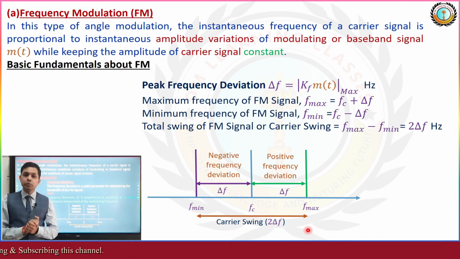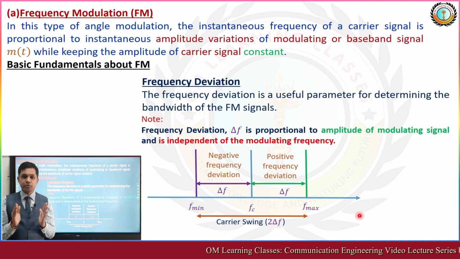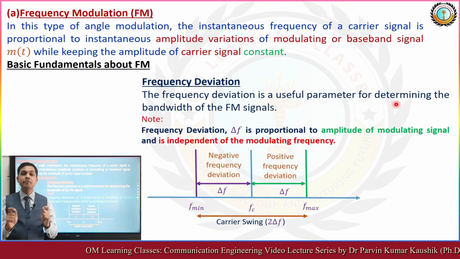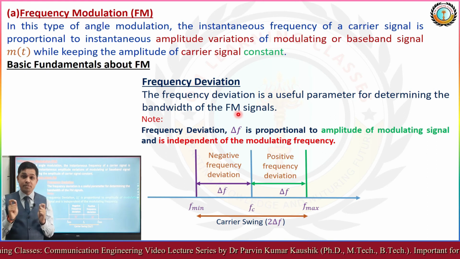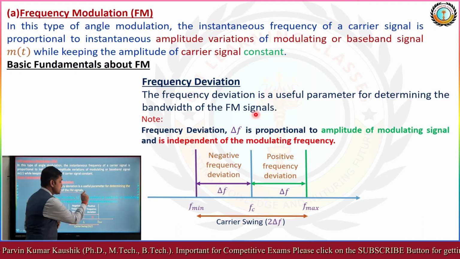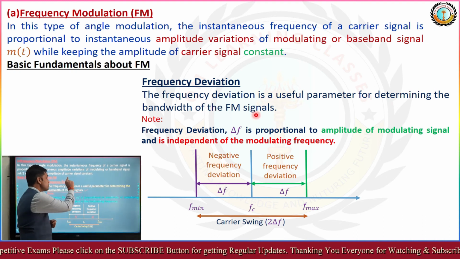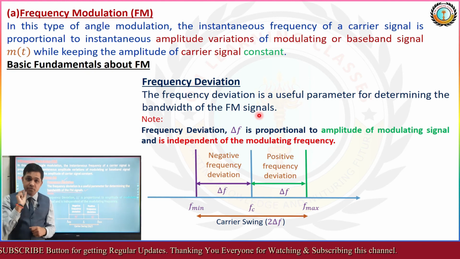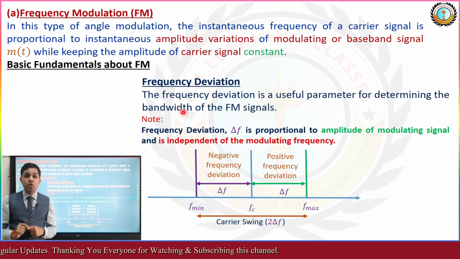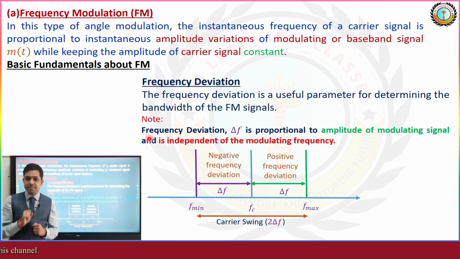Now, as per the concluding remark of frequency deviation, the frequency deviation is a useful parameter for determining the bandwidth of the FM signal. That is very important. The bandwidth of FM signal is calculated by considering this parameter, that is frequency deviation. And we have an important consideration related with frequency deviation.